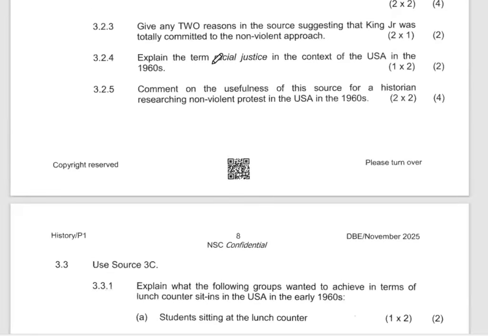Right. We move on to the next question. Explain the term racial justice. We are going to define it simply.